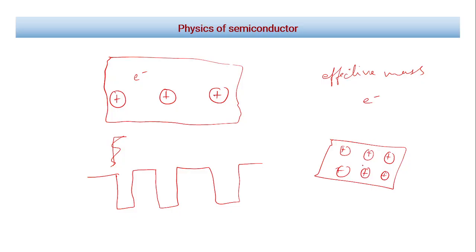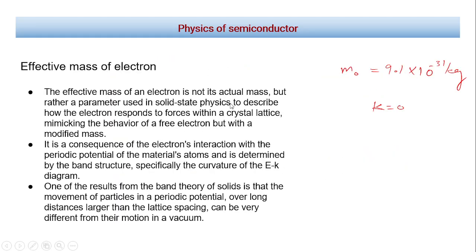So how the electron moving around interacts with the potential force of these atoms leads to a change in its mass. We explain it like this: the electrons respond to the electrostatic forces of the atoms around them in the crystal lattice. It gives the behavior of a free electron but with a modified mass. If it's a completely free electron outside a solid material, then it will have the actual mass.